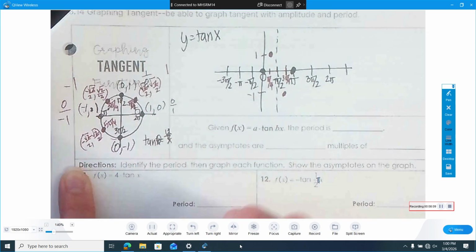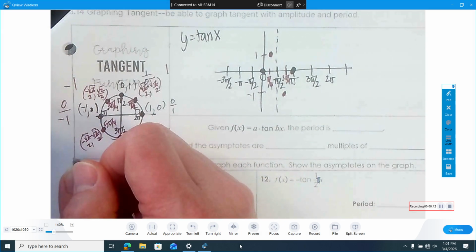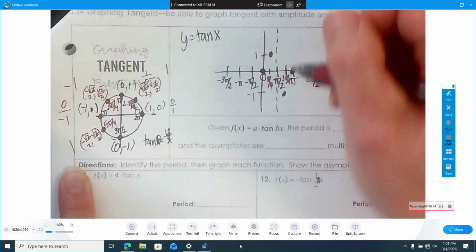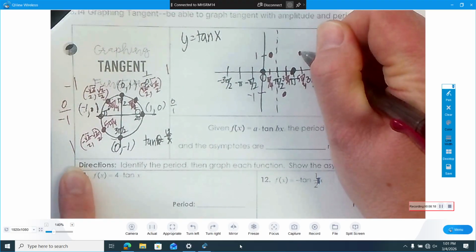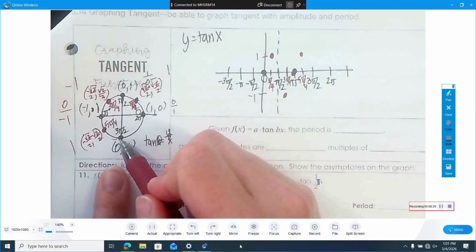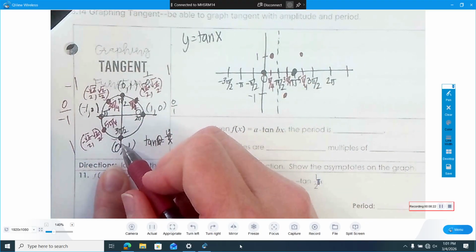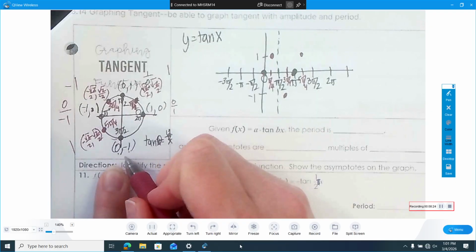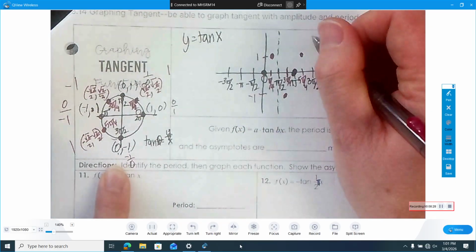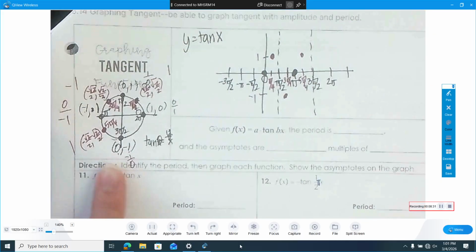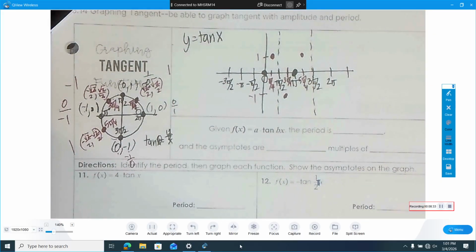And y over x is positive 1. So now at 5 pi over 4, I'm at positive 1 again. And then down here at 3 pi over 2, y over x, negative 1 over 0 is undefined. Okay, something is repeating. My asymptote is repeating. So what does this look like?